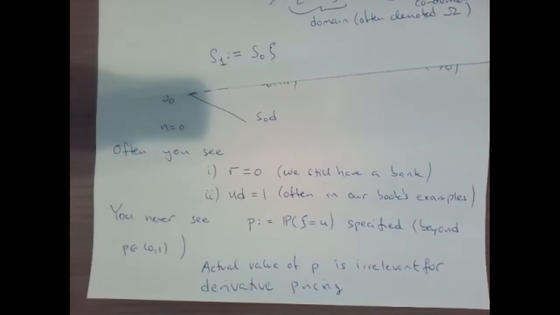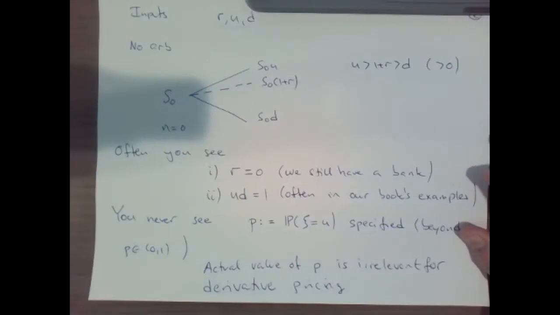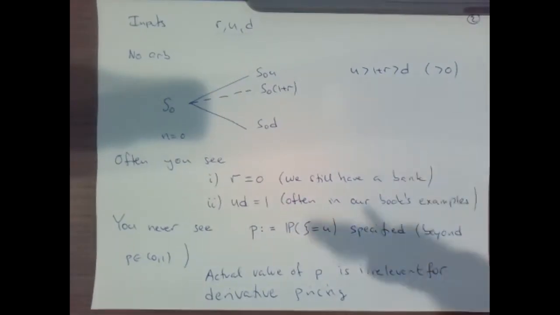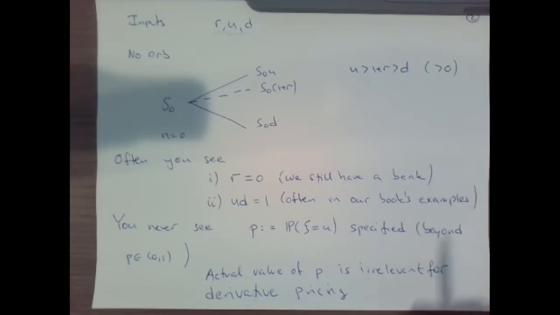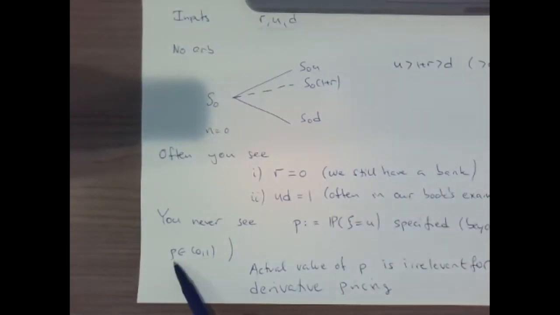This can be a little bit confusing, in particular because today we're going to be talking about risk-neutral pricing, and there we'll have probabilities different than the one we have here, and there it matters. Those probabilities we want to create matter for derivative pricing, but the actual probability that psi ends up being u or d is irrelevant, up to p, and therefore also 1 minus p, being numbers strictly between 0 and 1.